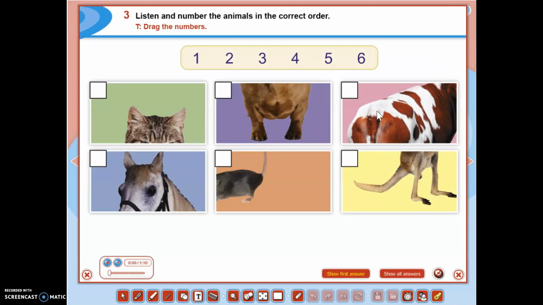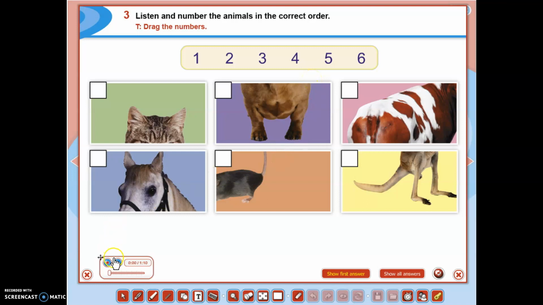We'll number the animals according to what we hear. We have 6 animals: a cat, a dog, a cow, يمكن بقرة, a horse, a mouse, a kangaroo. نرقمهن حسب شو بنسمع.